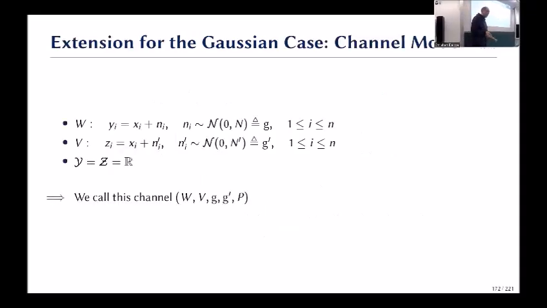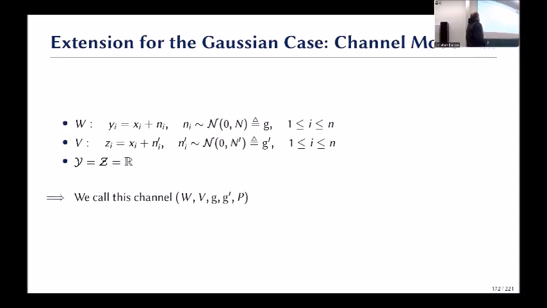And of course, now we ask what happens if we generalize this to a Gaussian channel. Again, we do it like before. We look again at such a broadcasting case, but now we have Gaussian noise, and we look at W and V, that's the legal channel, that's the illegal channel.